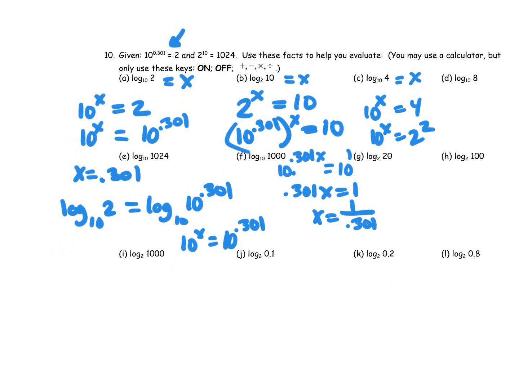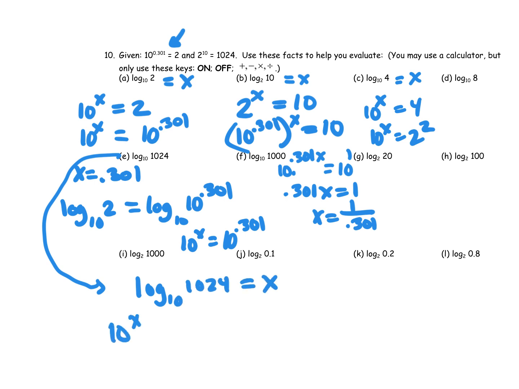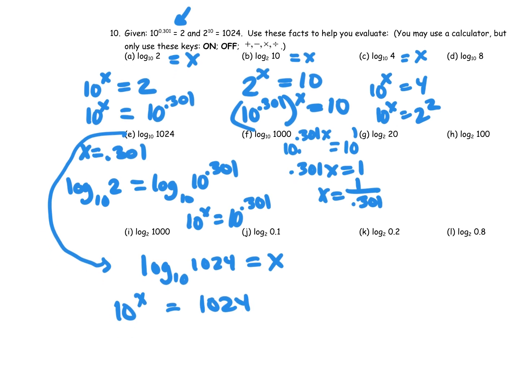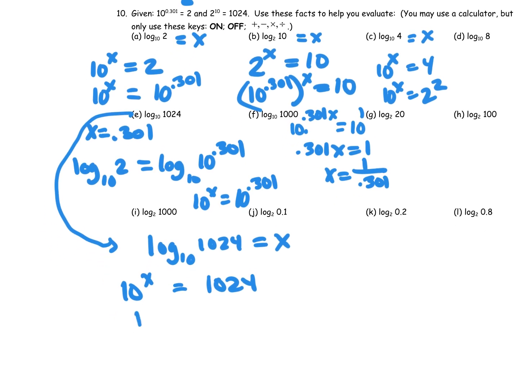E, the reason I gave you 1024 is you can, actually let's do E. Sorry, running out of room here. So log base 10 of 1024 equals what? 10 to the x equals 1024. And remember, 1024 is, as I gave you in the instructions, 2 to the 10th.